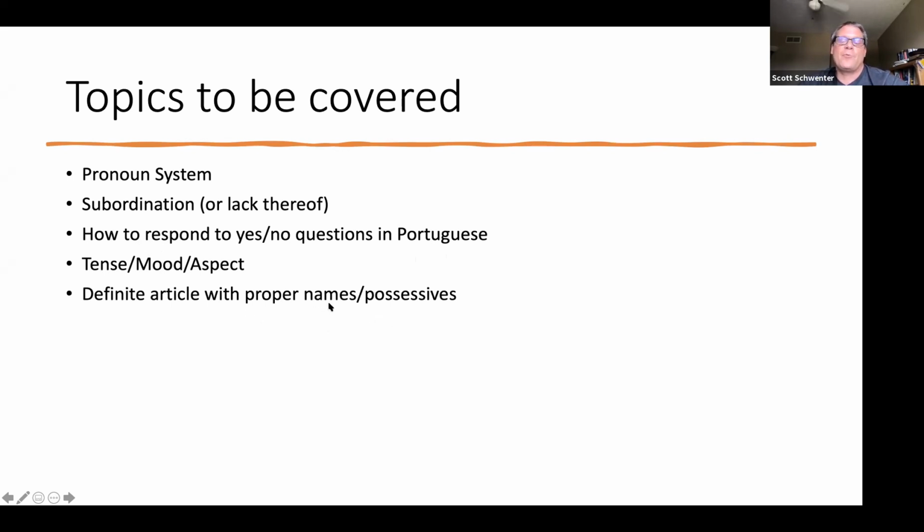Those of you who know Spanish know that there are some dialects where definite articles occur with proper names, oftentimes to say negative things about the person you are calling, La Maria or whatever. That's not necessarily the case in Portuguese. It doesn't have that negative connotation.